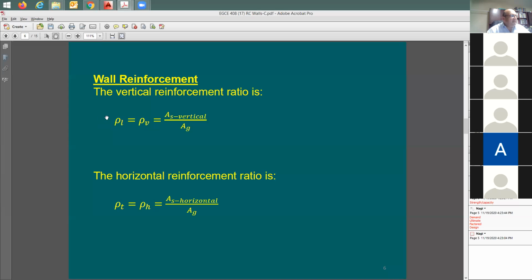This ratio is going to be unitless because it's square inches over square inches, so there are no units. This is rho sub L. The horizontal steel ratio is equal to the cross-section area of the horizontal steel divided by the cross-section area in that direction.